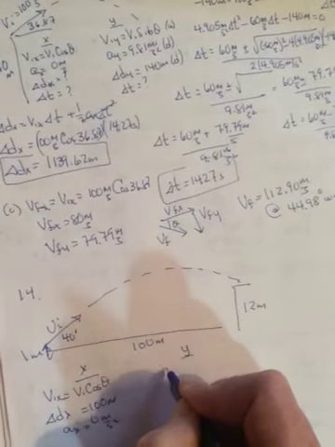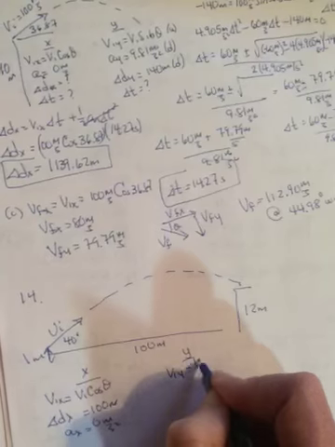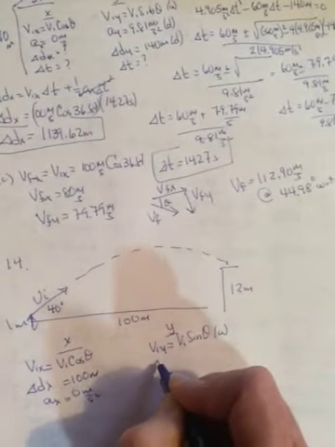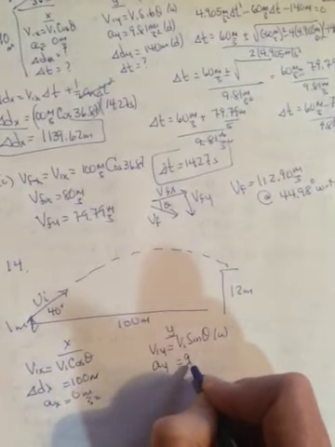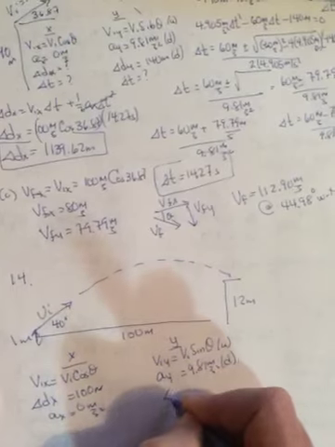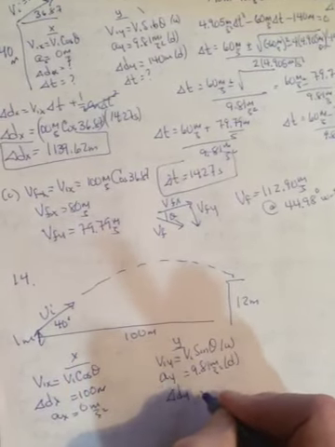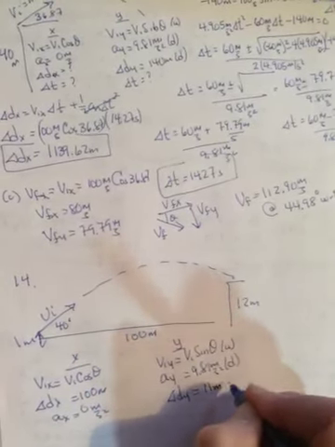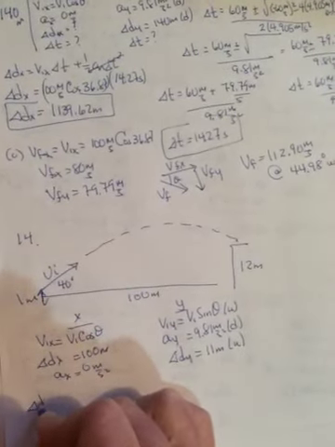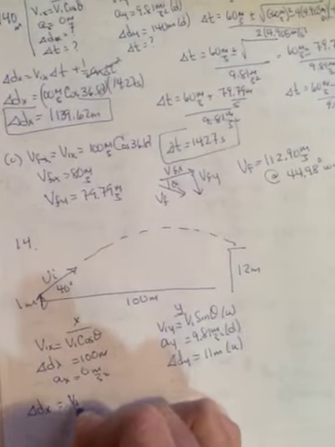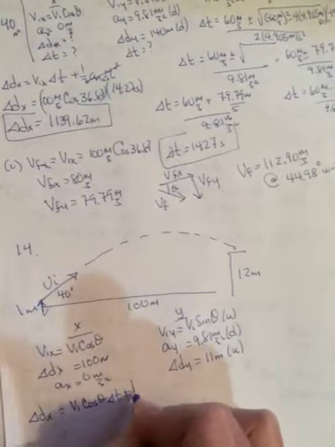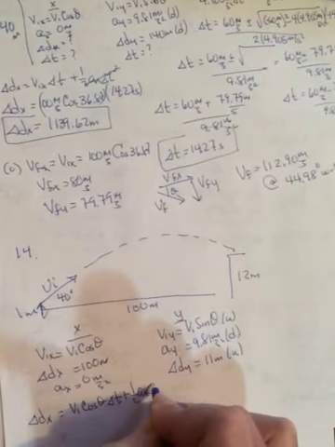In the y direction, VIY is VI sine theta. Going up, can't find it, don't have VI. AY, 9.81 meters per second squared down. And delta dy, got to do a little math there, 12 minus 1, 11 meters up. Two equations, two unknowns again. Delta dx is equal to VI cos theta delta t, and the last term goes to 0.